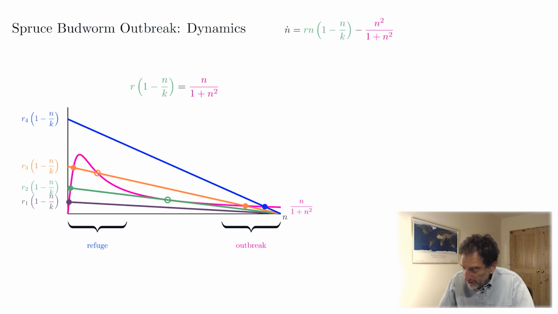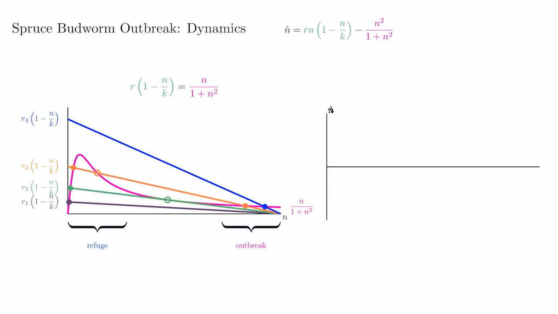And to finally illustrate what's happening, let's look at the equation of motion itself, n dot as a function of n. Roughly speaking, in the case where R was very small, we have something that looks like this. So this purple curve is supposed to correspond to the purple line on the figure on the left, and there's a fixed point value here.